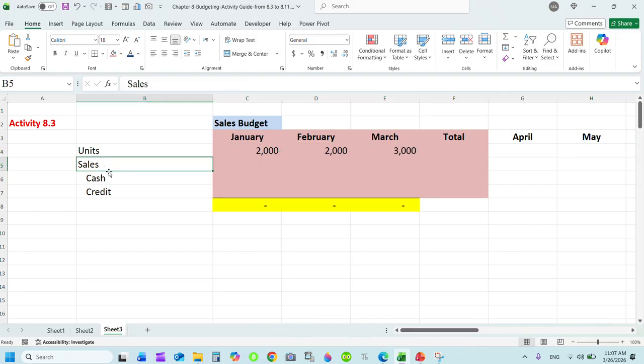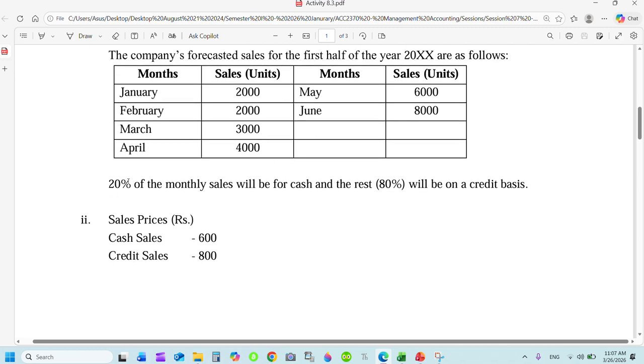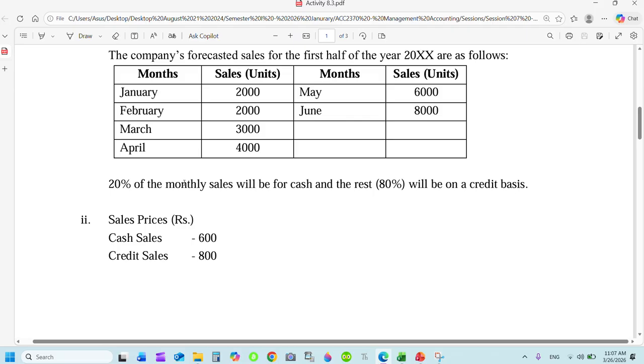Then sales. These are units, then the sales value. We know we have two types of sales, cash sales and credit sales. If you look at the information again, you can see 20% cash basis and 80% credit basis for monthly sales. The cash selling price is 600, the credit selling price is 800.